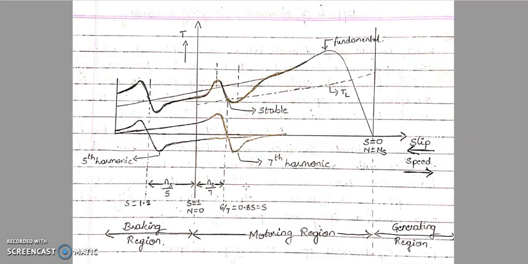If I substitute in the formula, I will get 25 RPS. So just think what would be the value if the 7th harmonic gets added. 25 by 7 will be around 3.57. So my machine rotates at 3.57 rotations per second if the 7th harmonic gets added.